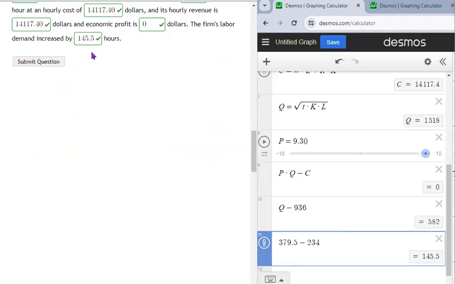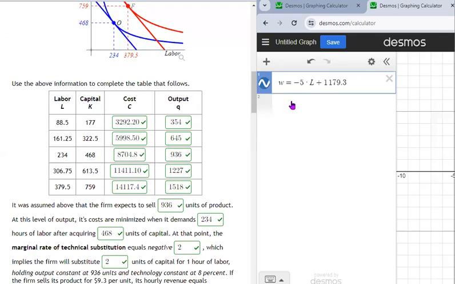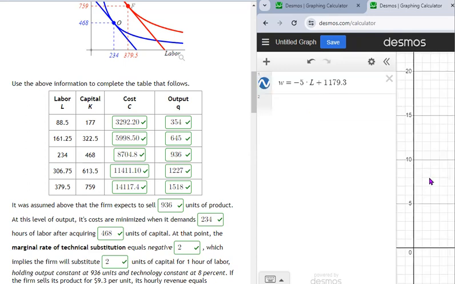So labor demand increased by 145.5 hours, right? Now, we can graph the labor demand equation. I'm going to put this on pause for a second. Okay, what I did is I just assumed the slope of this labor demand equation was -5, right?